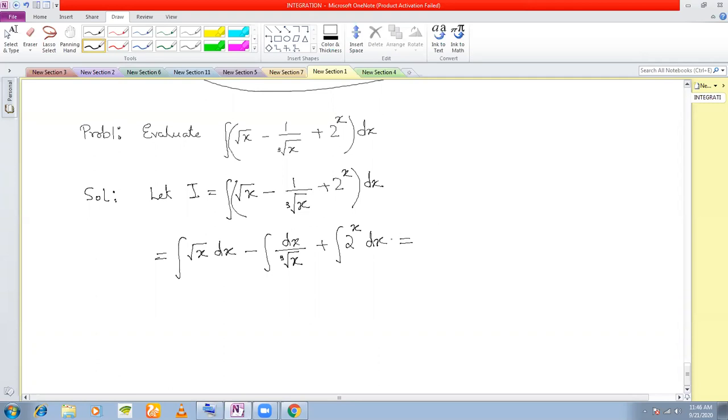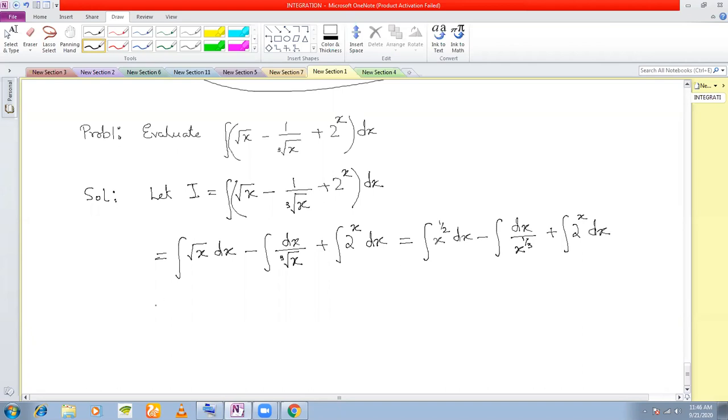We are distributing the integration over all the functions, right? Now root x can be written as x to the power of half dx, minus integral dx by cube root of x, which can be written as x to the power of 1/3, plus, and this you write as it is.